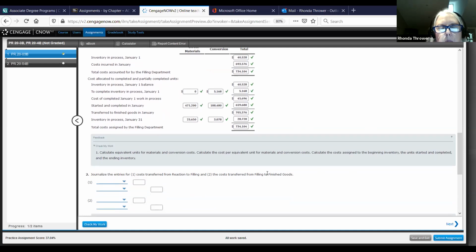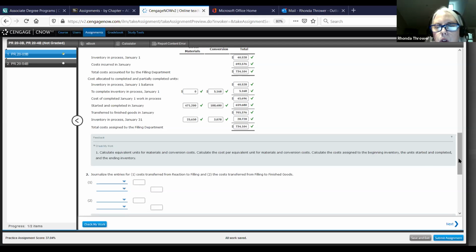In the second part of this problem, they're going to ask you to journalize the entries for the costs that are going to be transferred from the reaction department to the filling department, and the costs that will be transferred from the filling department to the finished goods department.